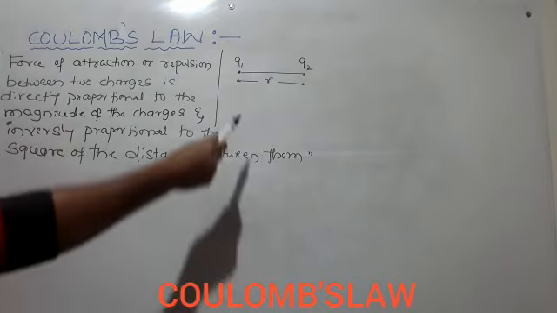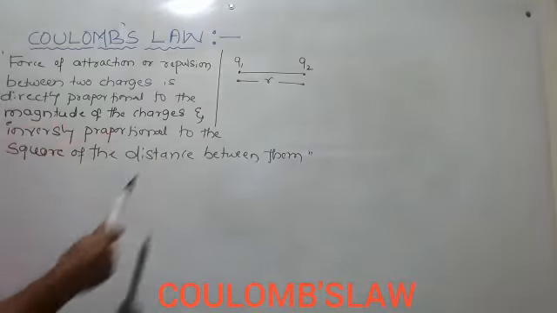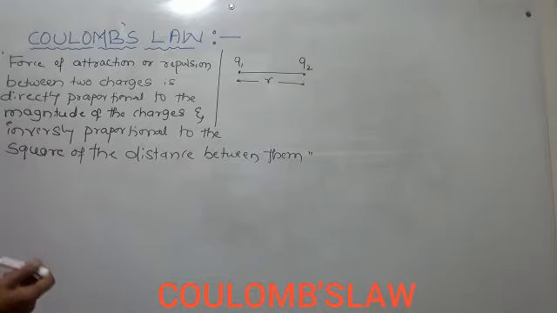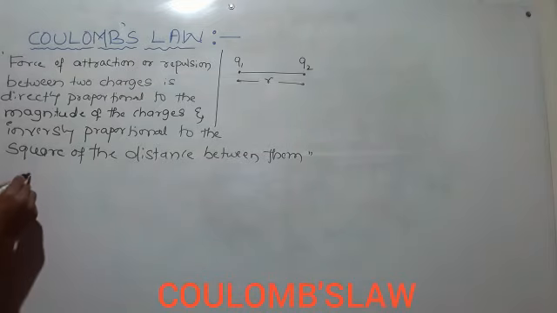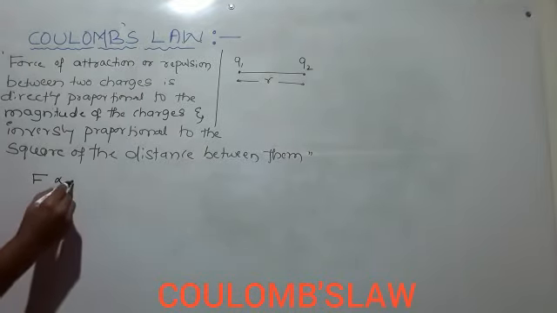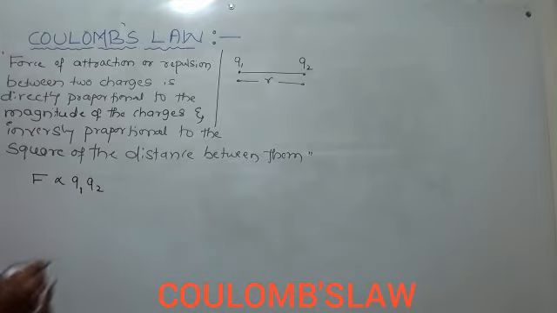Say for example, if I consider two charges Q1 and Q2, if they are separated by a distance r, then according to Coulomb's law, the force between Q1 and Q2, that is F, is directly proportional to the magnitude of the product of the two charges, that is Q1 and Q2.